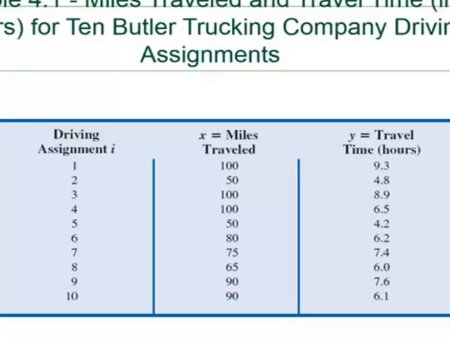So in this data set, the shortest travel time corresponded with the lowest number of miles. And the longest travel time, which was 9.3, corresponded with the longest distance, 100 miles.